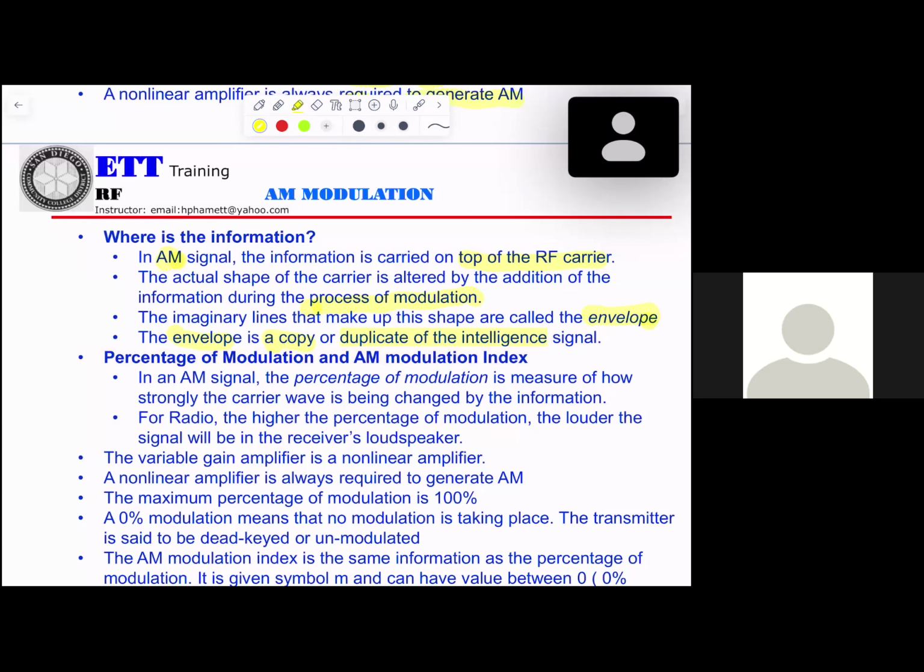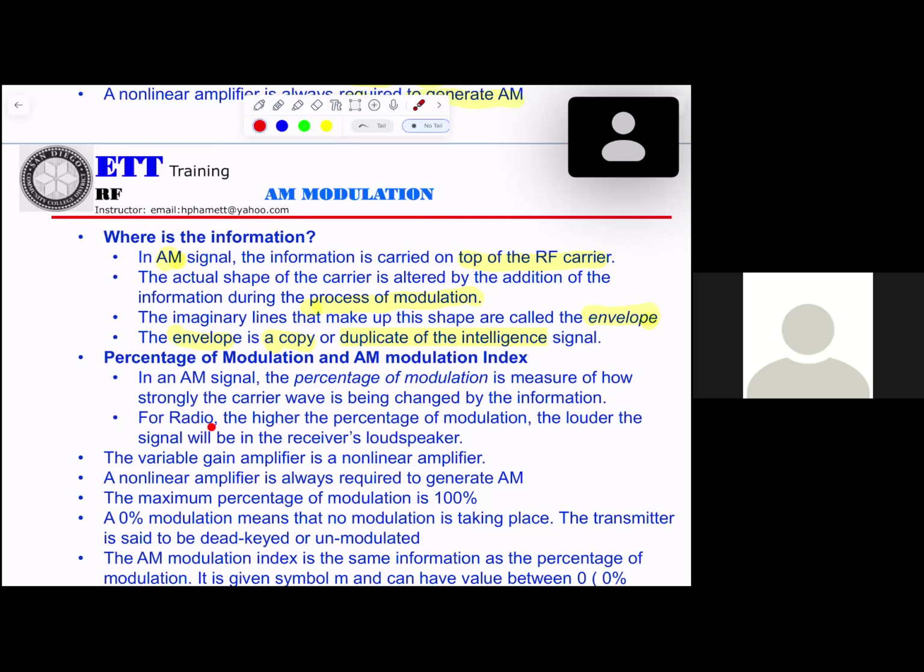Percentage of modulation in AM. In an AM signal, percentage of modulation is a measure of how strongly the carrier wave is being changed by the information.